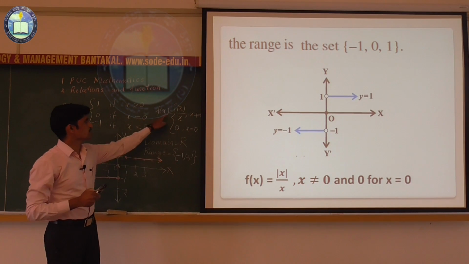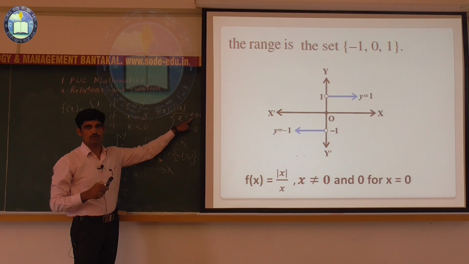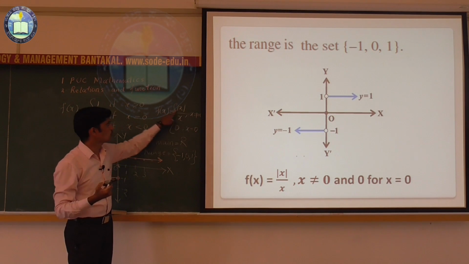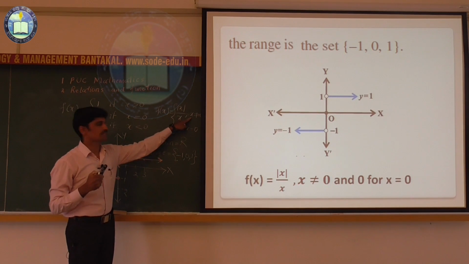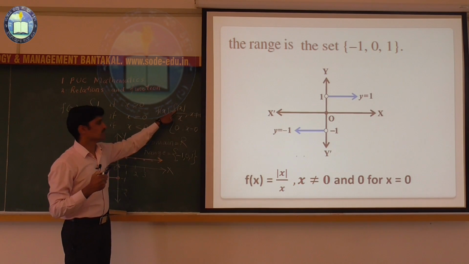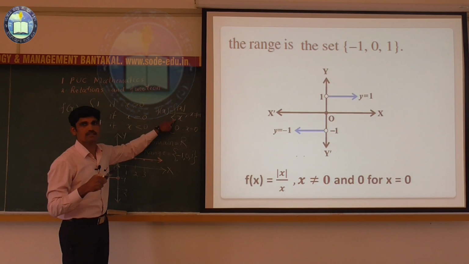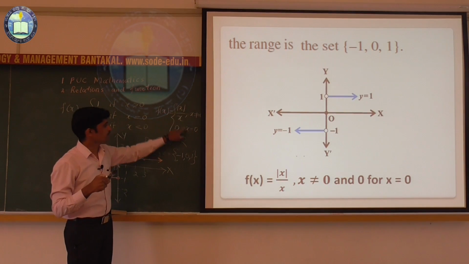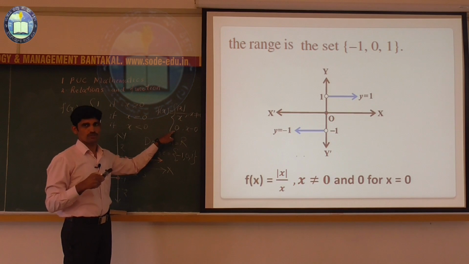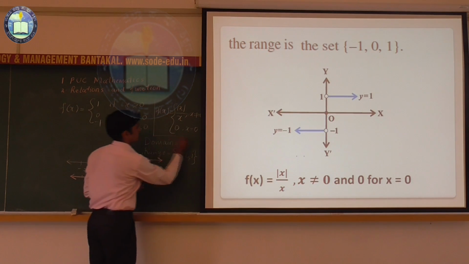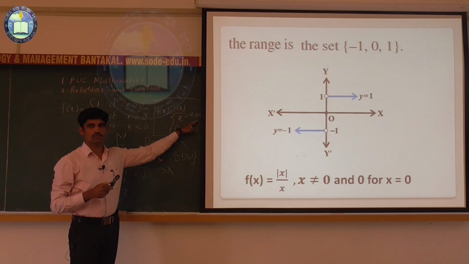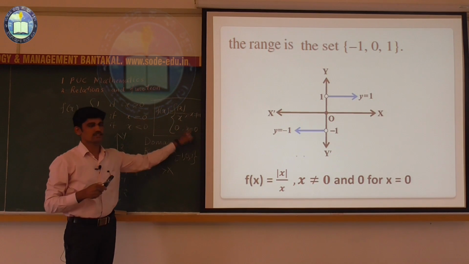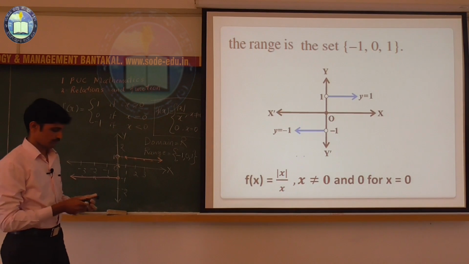So signum function is mod x by x if x not equal to 0. Means for x greater than 0, mod x by x is x by x equal to 1. And for x less than 0, mod x by x is minus x divided by x equal to minus 1. And when x equal to 0, it is equal to 0. So signum function can also be defined as f of x equal to mod x by x when x not equal to 0, and it is equal to 0 when x is equal to 0.